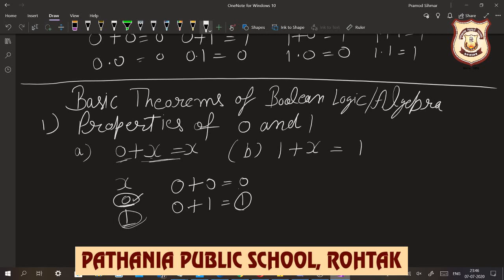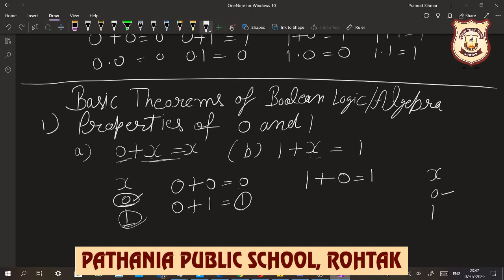And for example, now we take 1 plus x is equal to 1. Again you can write down here x either 0 or 1. First time we take the 0. So 1 plus x, where x is 0, is equal to 1. So 1 plus 0 always 1 if you add it.